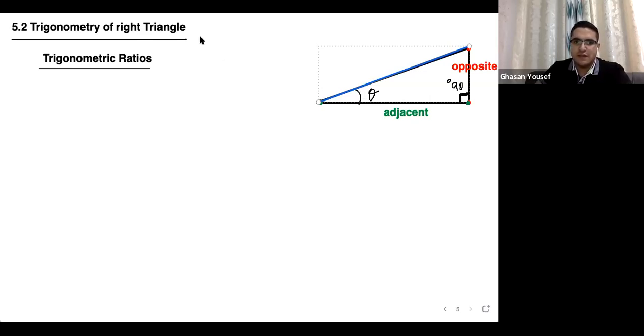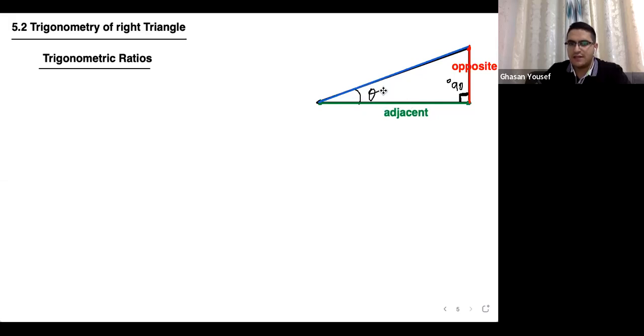I'm sure you saw these names in high school or before, right? And maybe you forgot the names, so I'm going to remind you. Again, suppose I have a right triangle, a triangle that has a 90 degree angle, and I have an acute angle.